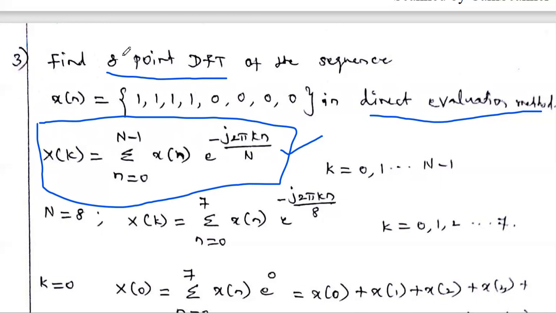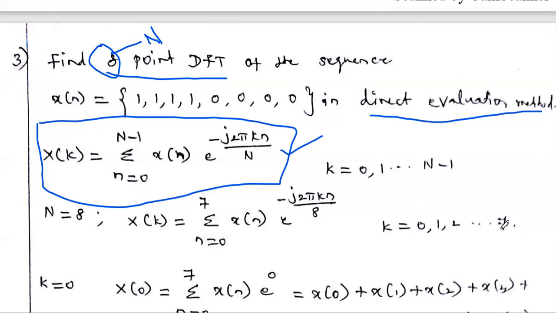Here the capital N is nothing but the number of points of the DFT. Now we are going to perform the 8-point DFT, so the k value ranges from 0, 1, 2 up to 7. We have to calculate this X of k value for k from 0 to 7.